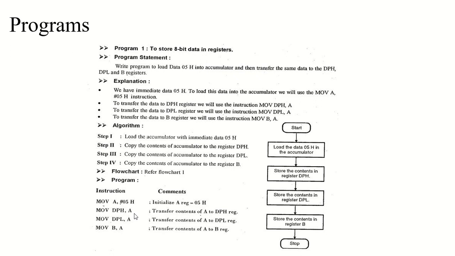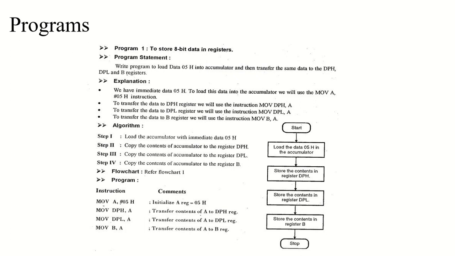Then MOV DPH, A will transfer the content of accumulator to DPH register. Similarly, the content of accumulator will be transferred into DPL and B as well with the same instruction. I think that is enough explanation for this program.